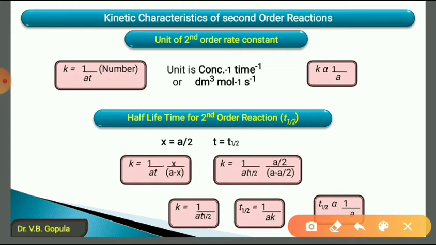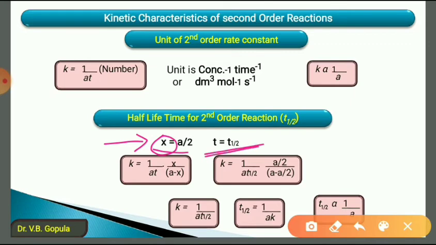So here we consider the value of x at time t half. That will be x equal to a by 2. A is the initial concentration, so half of it will be the value of x. The time will be half, given by t half.